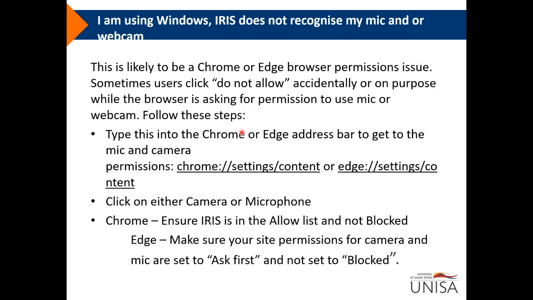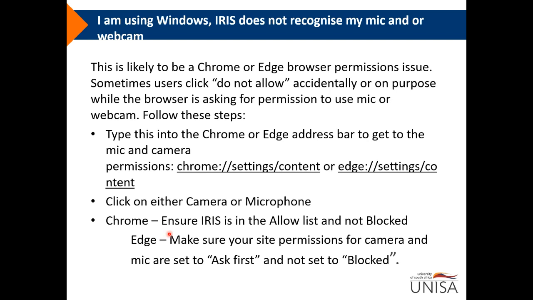IRIS requires your microphone and webcam. If you forget to click the allow option when you write your first test under IRIS, and you do not allow IRIS to use your microphone or camera, then IRIS won't recognize them. You can solve that by going to Chrome settings, content, or under Edge, settings, content, and clicking on either camera or microphone.